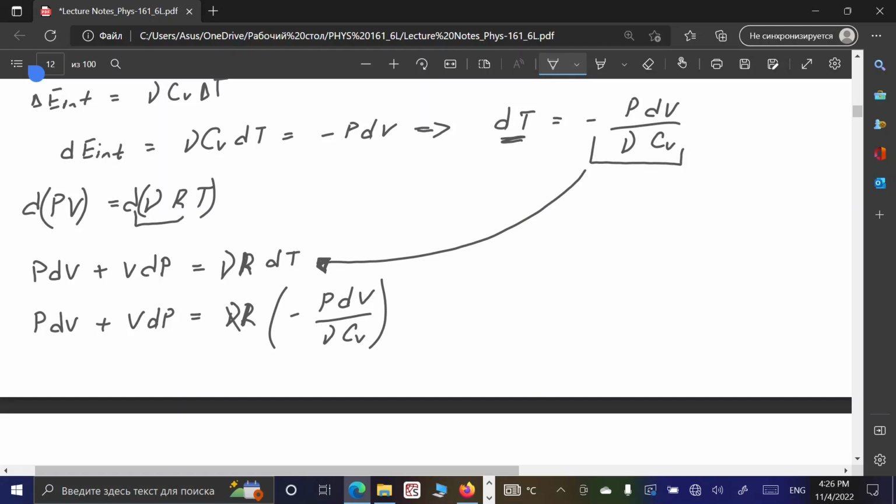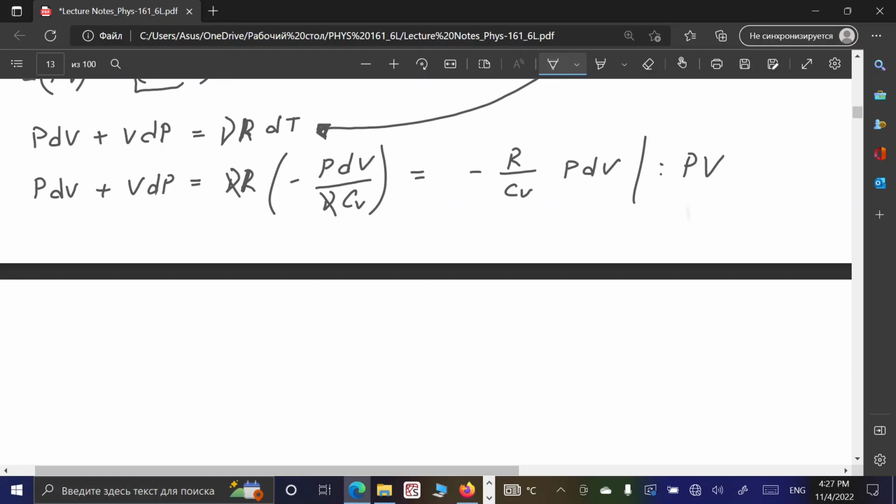We can cancel out this guy, and eventually we will get minus R over CV times P dV. Okay, now we divide left and right side by product P times V. Let's see what we get.